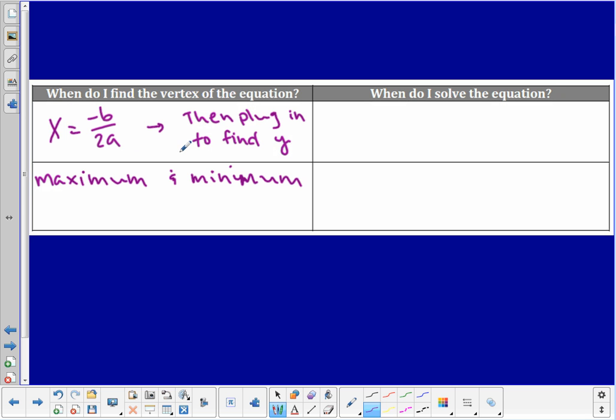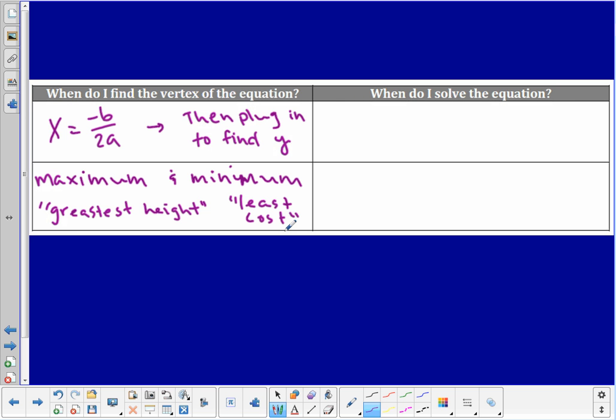So when you see phrases like find the greatest height, that suggests to you that you're finding the maximum. Or if you're looking for something like least cost, that suggests to you that you're finding the minimum. Those are just two examples. Of course, there's lots more phrases that can tell you it's max or min, but you're looking for those extreme words, those words that tell you you're on the very top or the very bottom of that parabola.